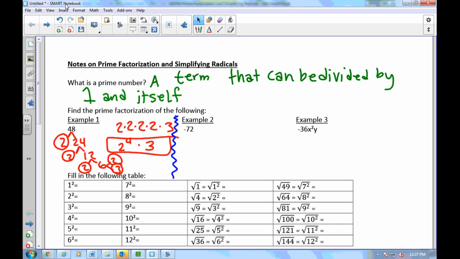I think that's right. Similar to how we did example 1. I got negative 1. Close.